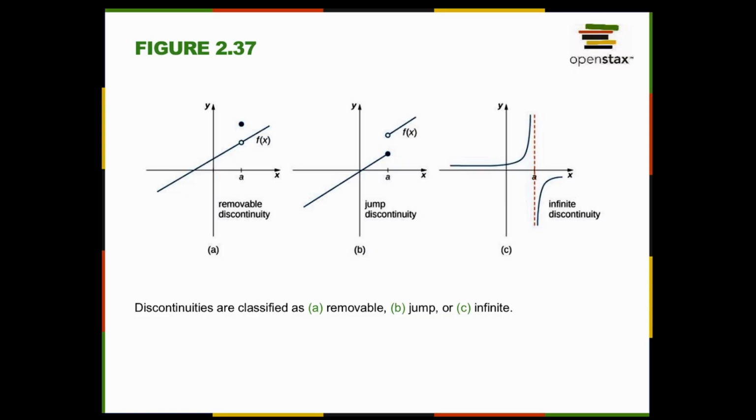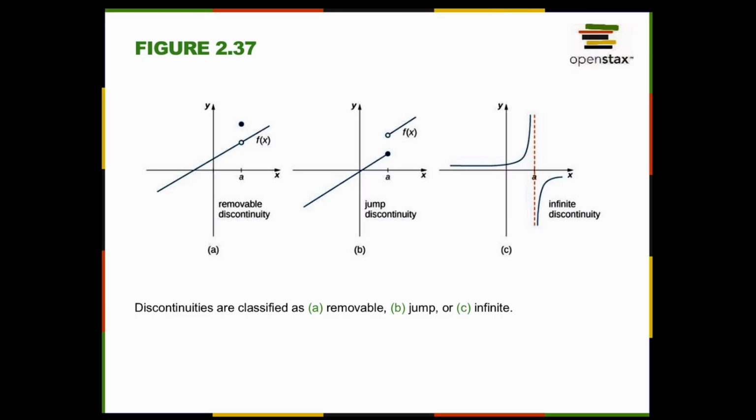Next, we have a jump discontinuity. A jump discontinuity, we're looking at graph B now in the center. It jumps from one value to another. So as we approach the x value from the left, the y value or the value of the function is different than if we approach from the right. So that would cause a jump in the graph.